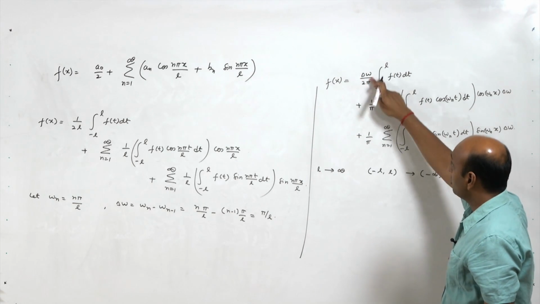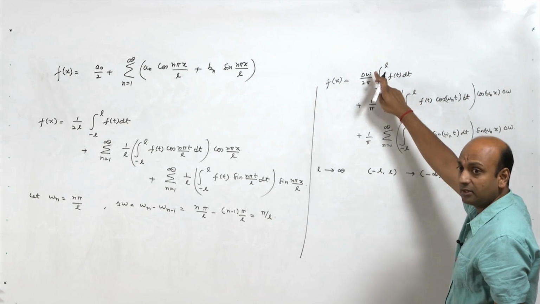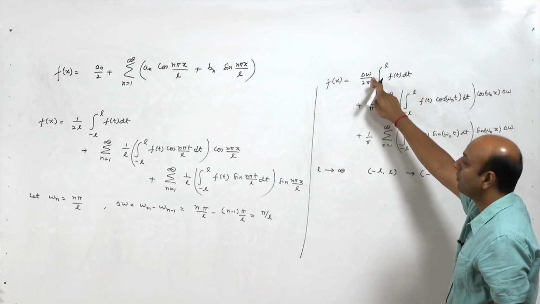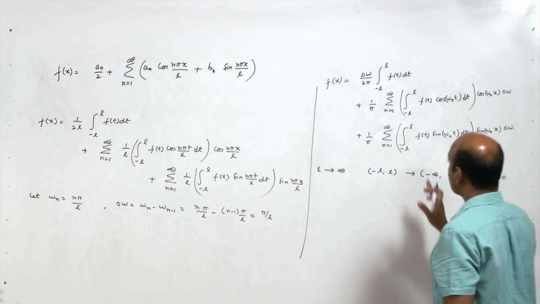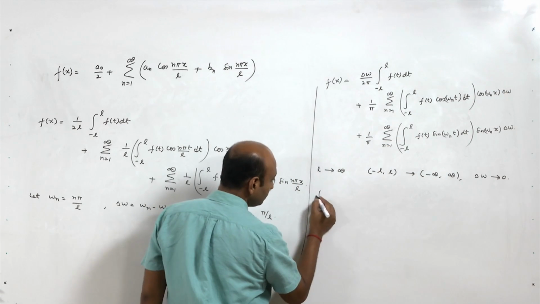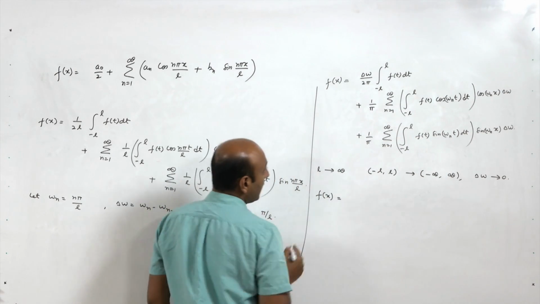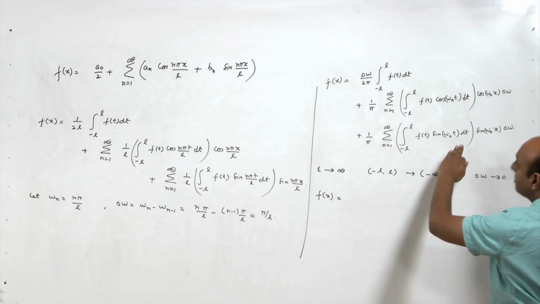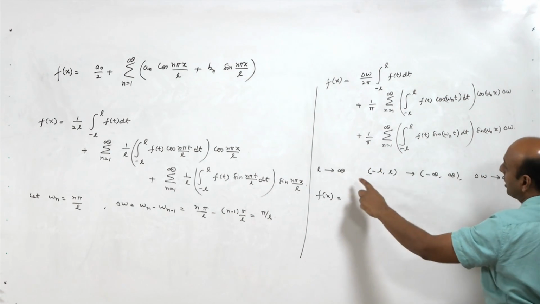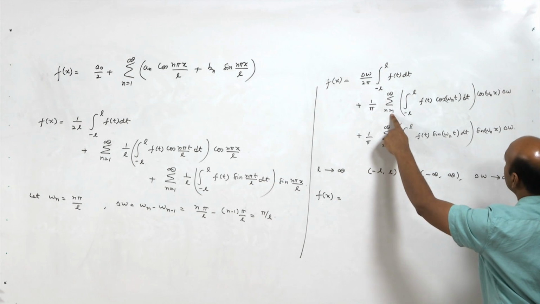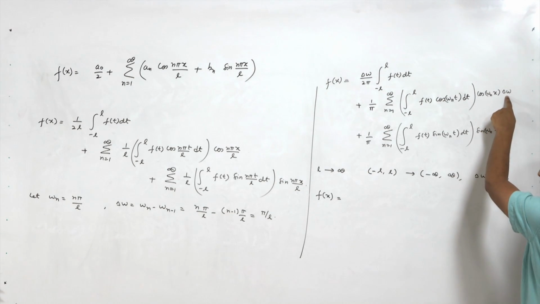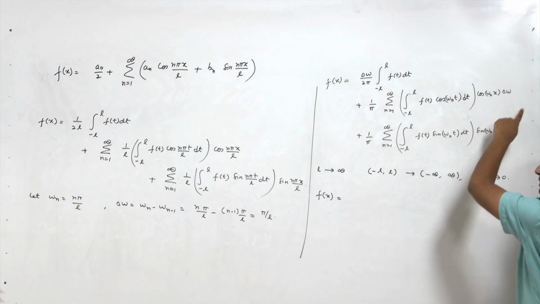Since it is absolutely convergent, this value is finite. Finite into 0 will be 0. So, the first term is 0.